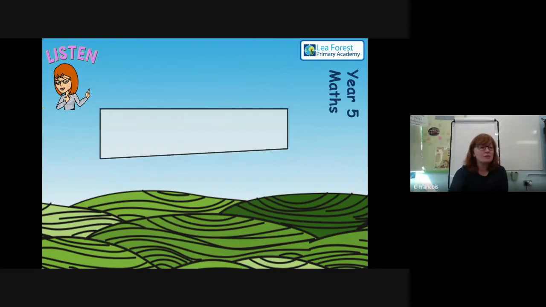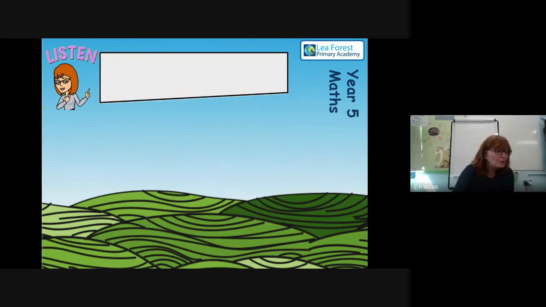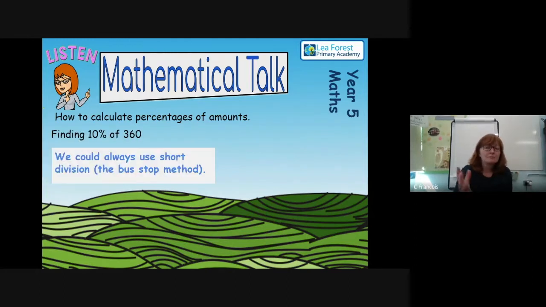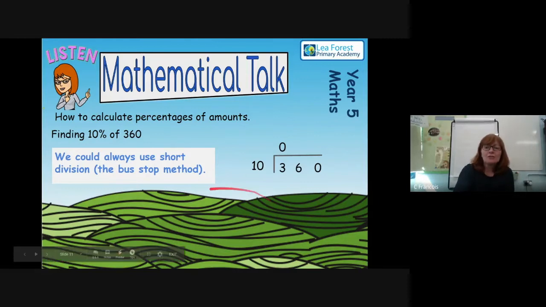But of course, some of you brought up that we could use the bus shelter method, and that is acceptable. And that's a method that I've covered in our lesson today. So we could always use short division, the bus stop method, the bus shelter method. Okay, so I built my bus shelter very slowly, and I've written in my calculation. So 3 divided by 10, I can't do it.